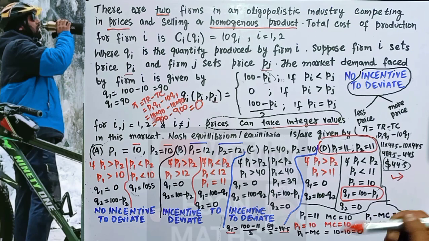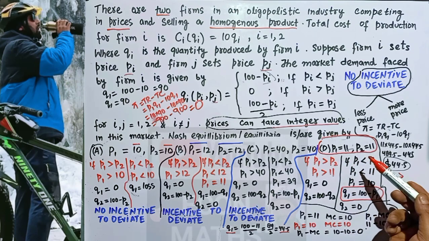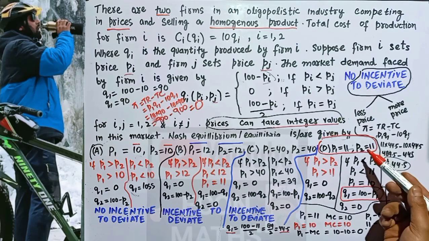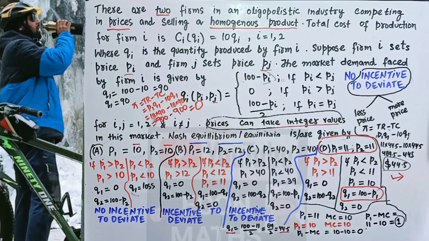So why should firm 1 charge a price less than his competitor's price? In the last option, firm 1 has no incentive to deviate from the initial strategy given that firm 2 is sticking to his optimal strategy also. So in the last scenario we have seen here, we have no incentive to deviate.